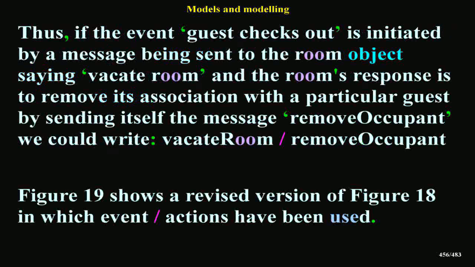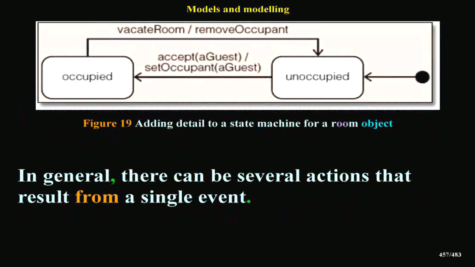Thus, if the event guest checks out is initiated by a message being sent to the room object saying vacate room, and the room's response is to remove its association with a particular guest by sending itself the message remove occupant, we could write vacate room, remove occupant. Figure 19 shows a revised version of Figure 18 in which event actions have been used. Figure 19, adding detail to a state machine for a room object.